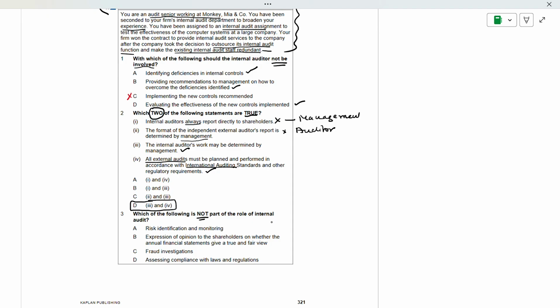Good. Next. Express an opinion to the shareholders on whether the annual financial statements give a true and fair view. True, it is part of external audit.